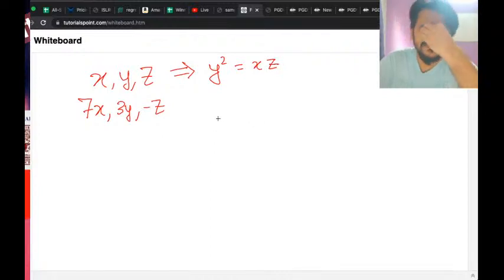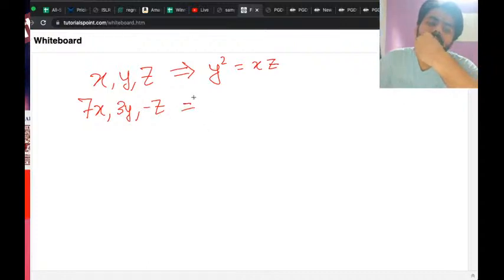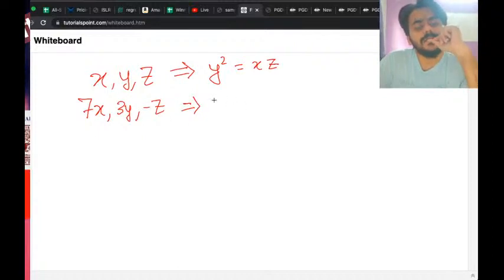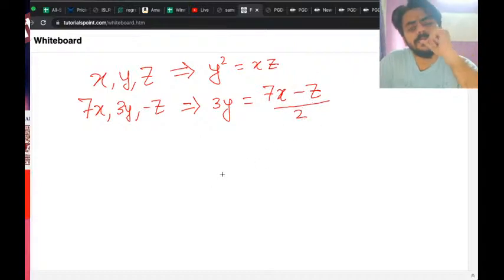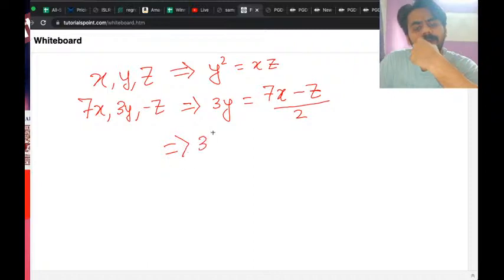Now after that, you can say from here that this is your average, right? So 3y is equal to 7x minus z divided by 2. Okay. So if I divide this by x, I will get 3 into y by x.